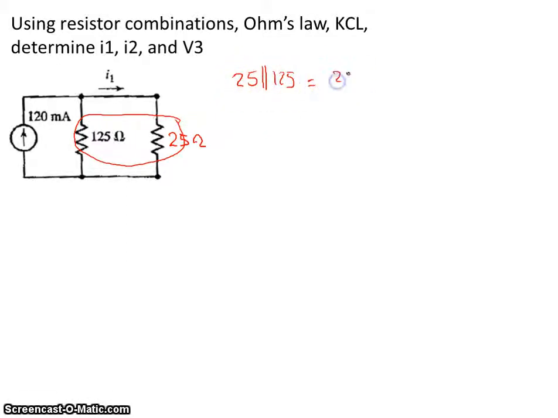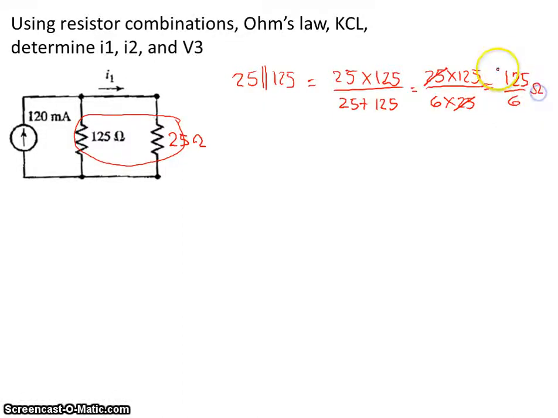That is equal to 25 times 125 divided by 25 plus 125, and this is equivalent to 25 times 125 divided by 150, so it's actually 6 times 25. So we can cancel this, and the equivalent resistance is 125 divided by 6 ohms.